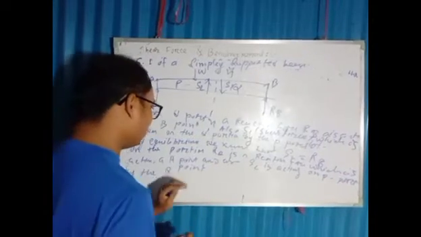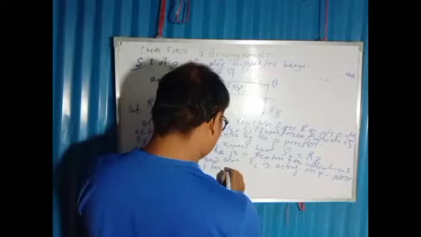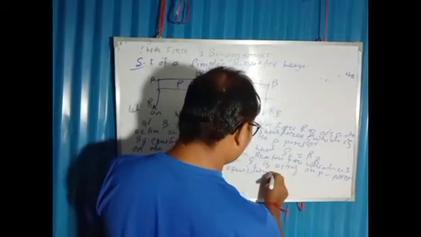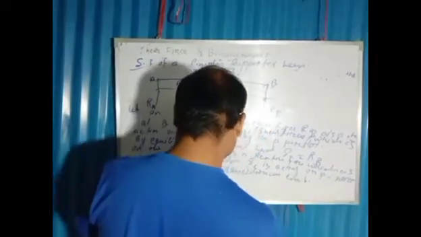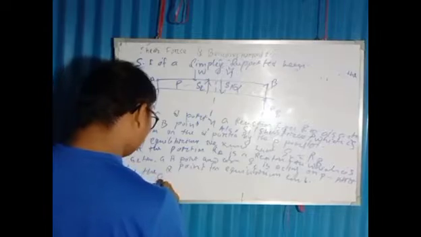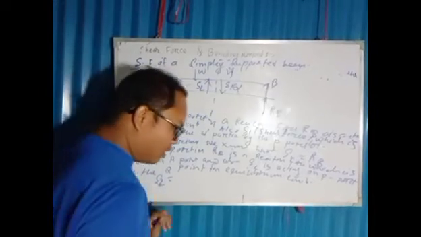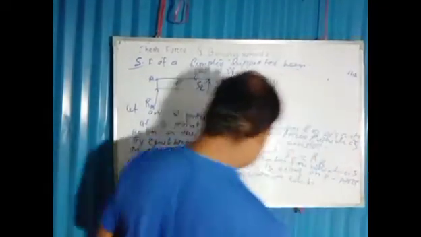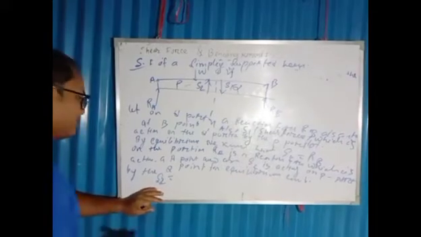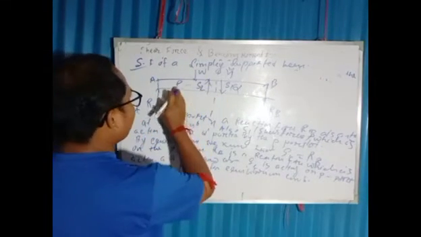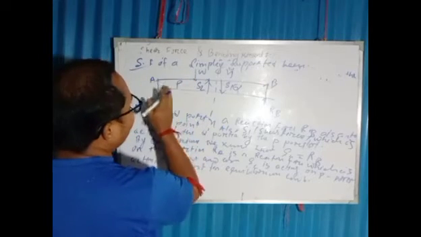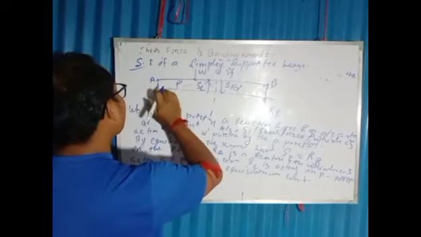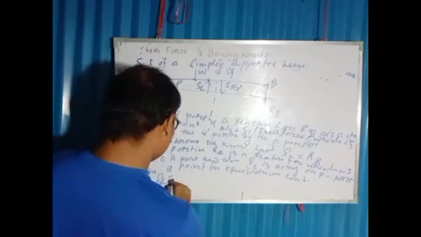For the equilibrium condition, S2 equals the forces on the left-hand side. Other than S2, the remaining forces are the two forces acting on this beam.